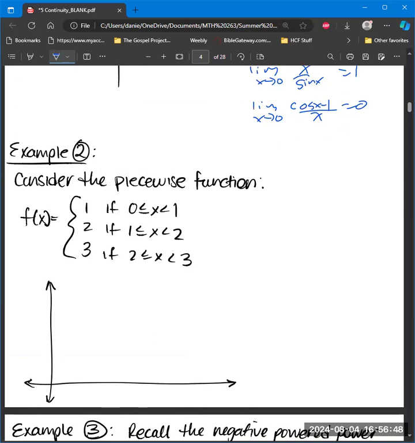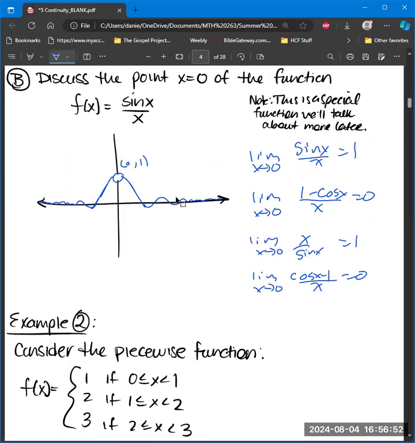It doesn't matter whether I'm coming at this from the left or the right, I'm going to get close to 1. The limit as x approaches 0 from the left of sine x over x is 1. The limit as x approaches 0 from the right of sine x over x is also 1, but if we call this f of x, f of 0 is undefined.